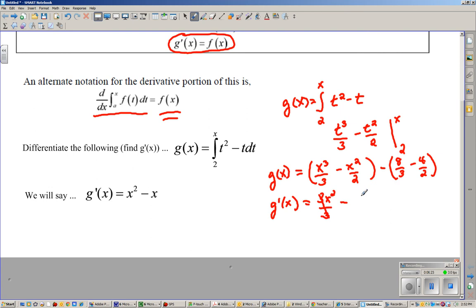And wouldn't we get 2x to the first over 2, and wouldn't that simplify to x? And then isn't everything left a constant, and when we take the derivative, it would go to 0? So what have we got there? We've got the derivative is x squared minus x. Isn't that what the fundamental theorem told us with no work?